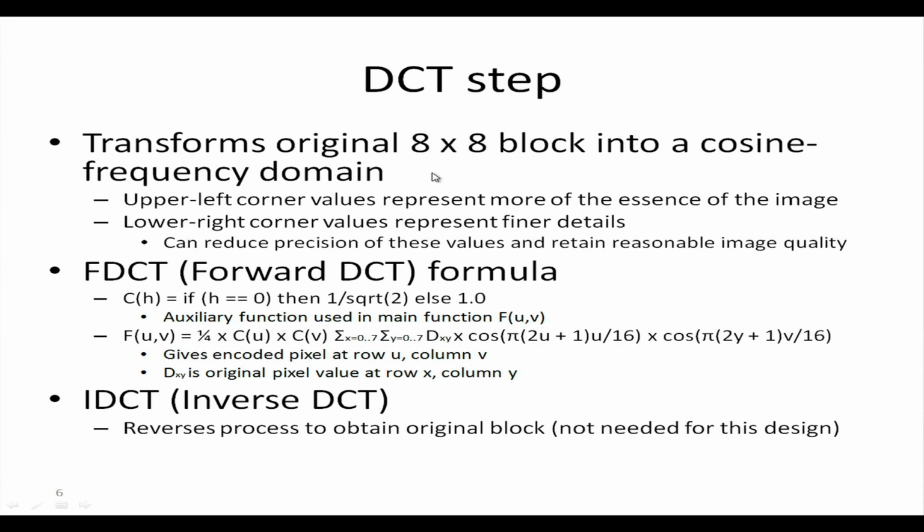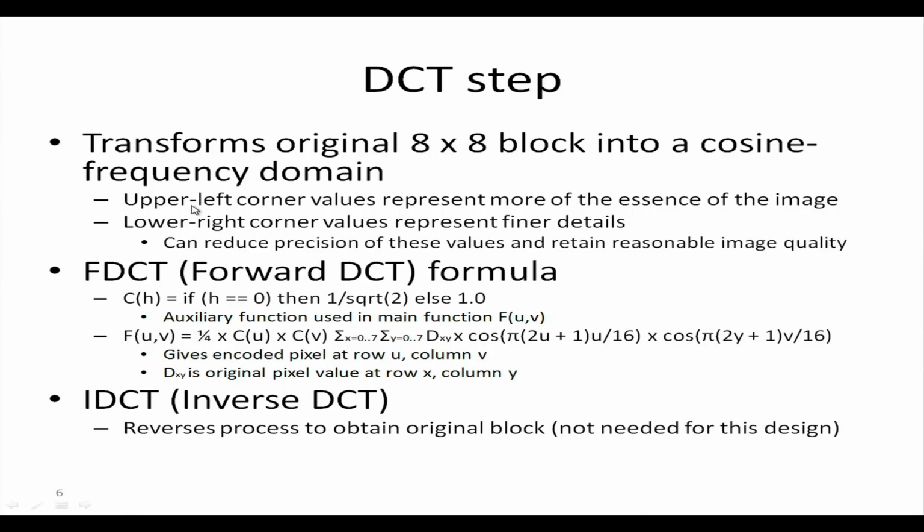I have selected one 8 by 8 block and I am trying to transform that to the cosine frequency domain, cos omega t type of domain. As I do that, the beauty of this is that the upper left corners will represent more of the essence of the image, the lower right corners will represent the finer details. So, what is happening actually?